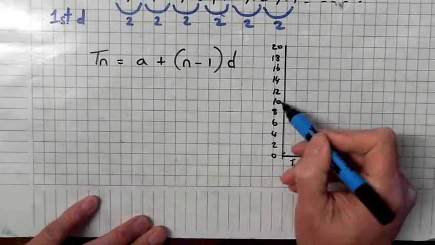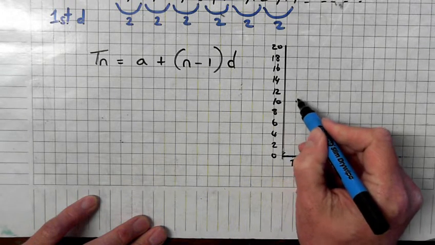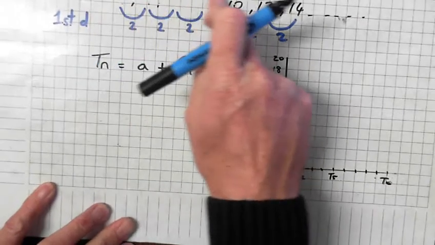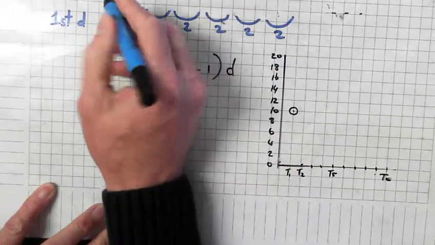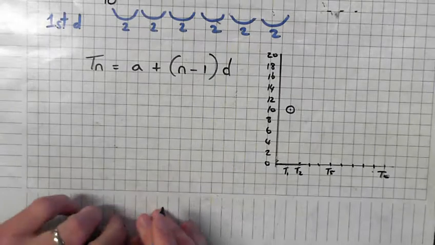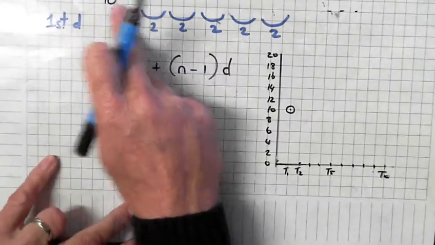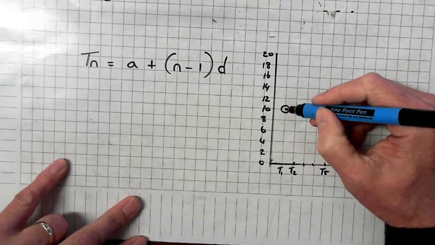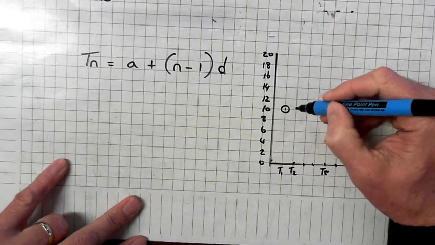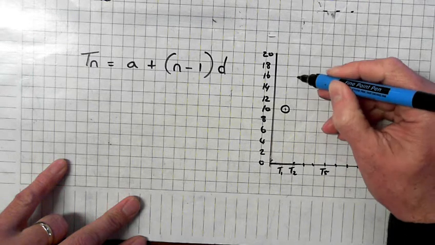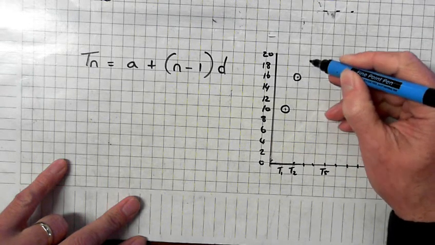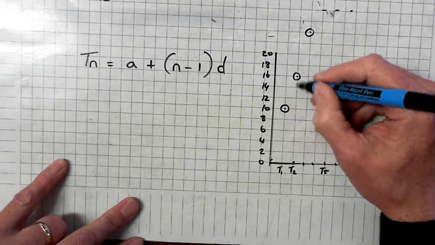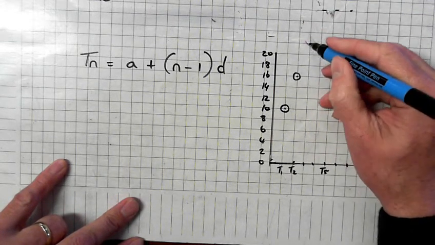Right, let's say I start off at 10. And I go up, and the next jump I make is up 3, and another 3.